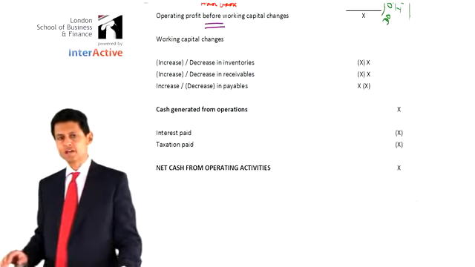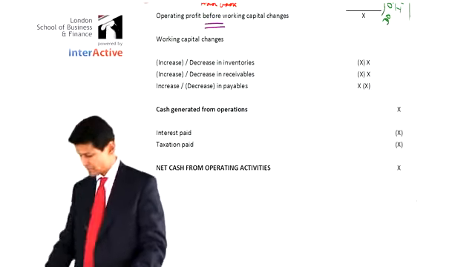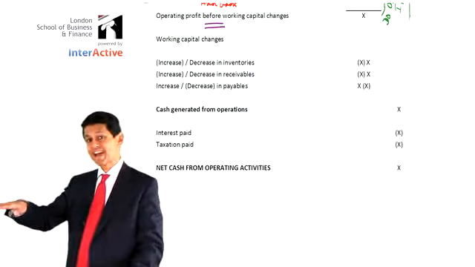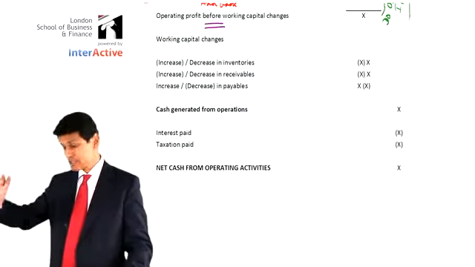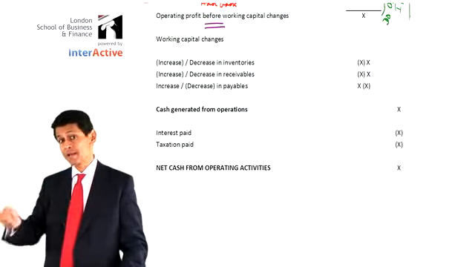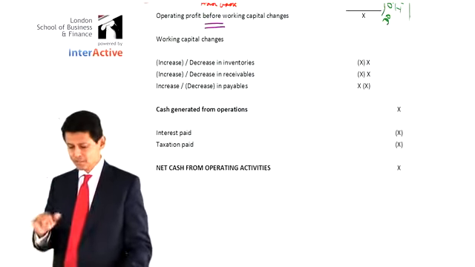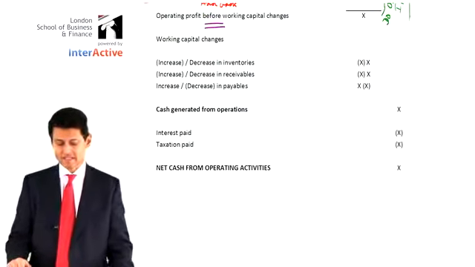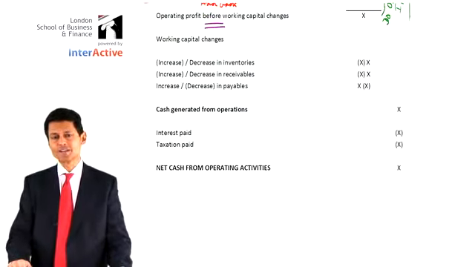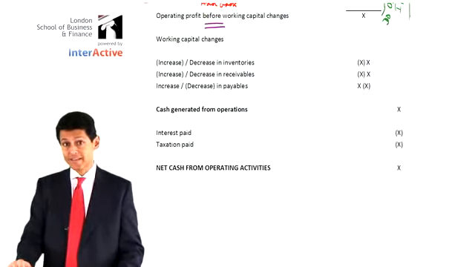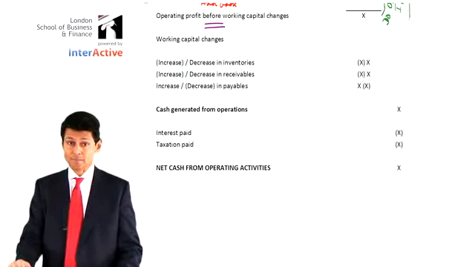Let's say at the end of last year you had inventories of, say, 1,000, and now the inventories have moved from 1,000 to 1,500. The additional 500 is something you spent money buying. And so you use a bracket to indicate that the increase in inventories means it's an outflow. Outflows are in brackets, inflows are without brackets.